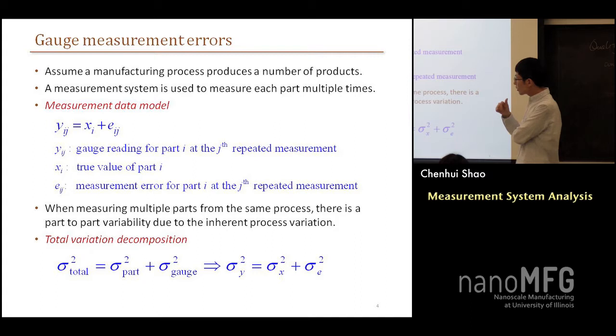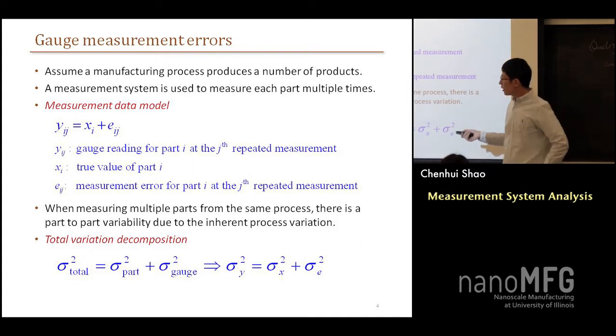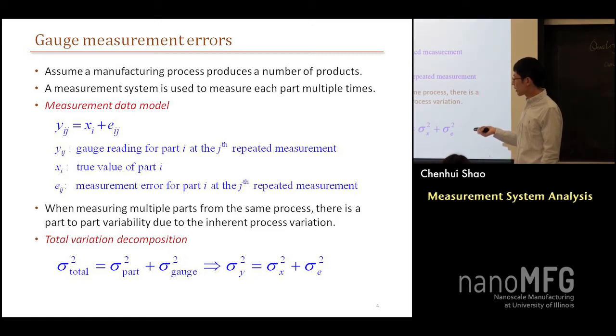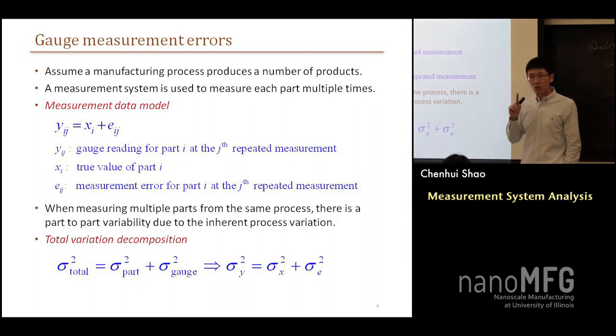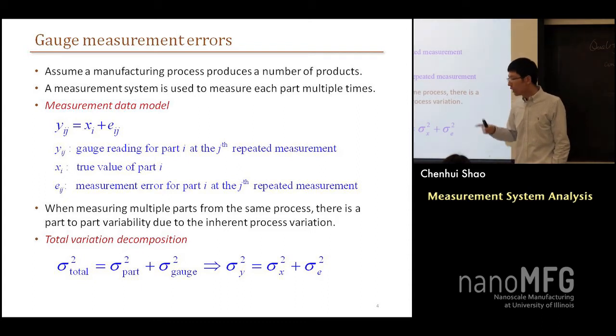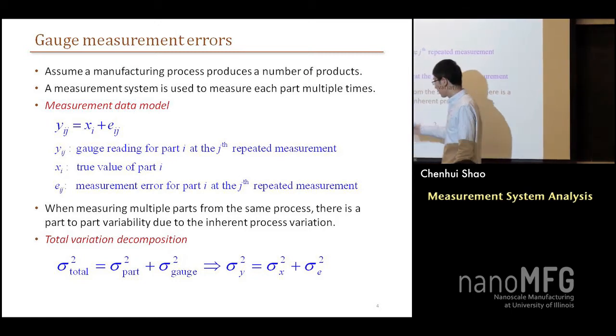So the total variation is given by this formula: sigma total squared is equal to sigma part squared plus sigma gauge squared. So there are only two variation sources. One is your part-to-part variation, and the second is your gauge. We want to get estimates for both of them, and also for sigma total squared. That's our goal for this study.